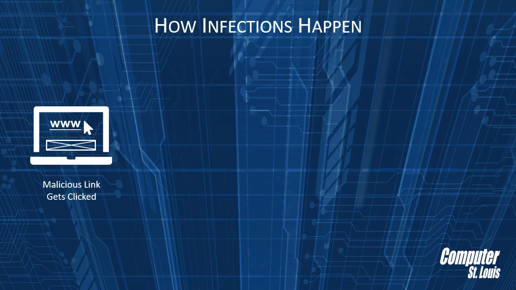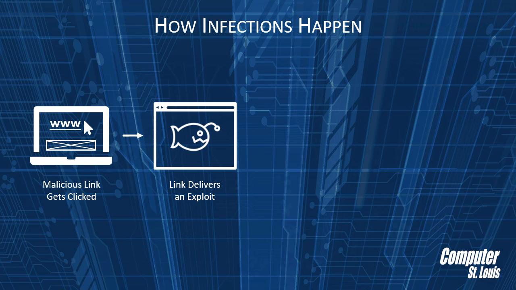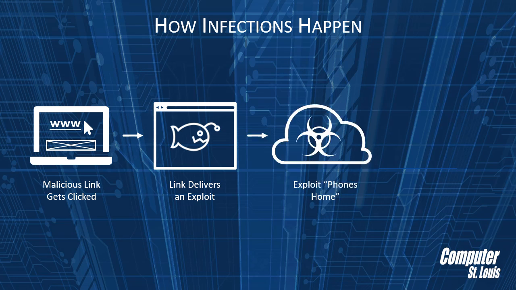So, moving on, how infections happen. Usually people will click on a malicious link, either on the World Wide Web or in an email. That link will contain what is called an exploit. An exploit is a snippet of code that doesn't raise an alarm from antivirus software. It's innocent looking enough that none of the security layers we have in place recognize it as a real threat.